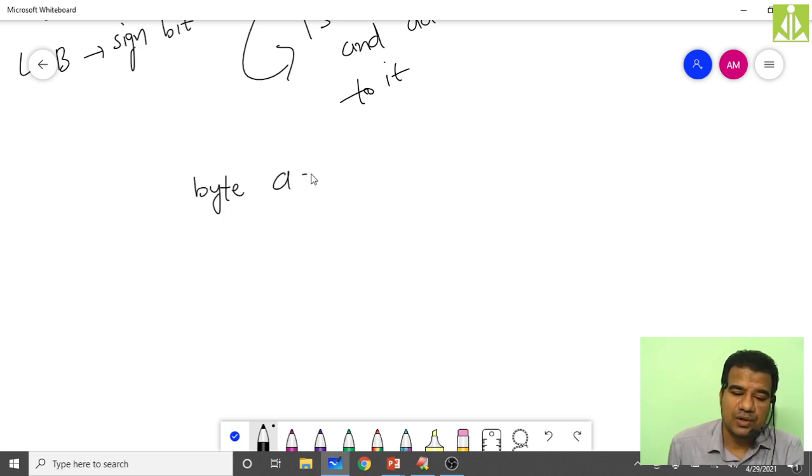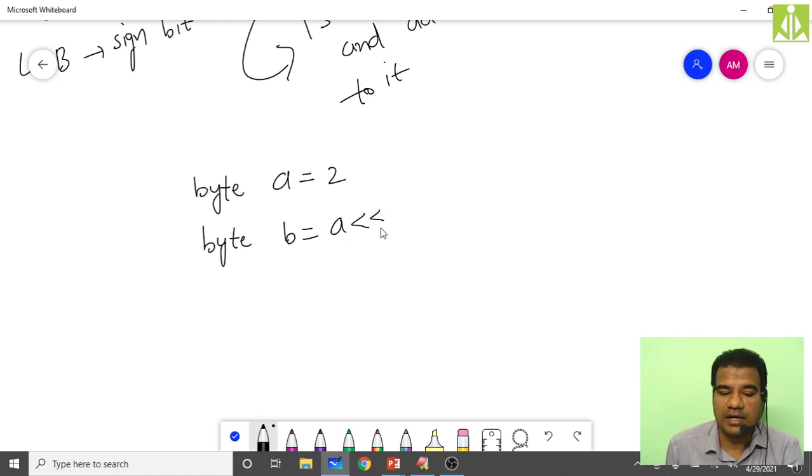Take byte A equals 2. Let us assume I'm performing left shift twice. I'm taking another variable, byte B, and performing B equals A, left shift, 2. This symbol indicates left shift. Twice means 2 times.